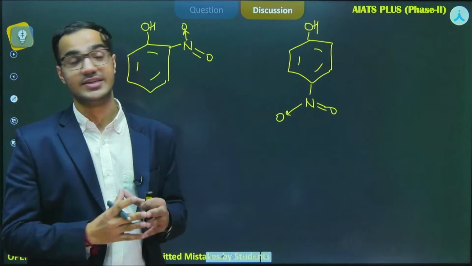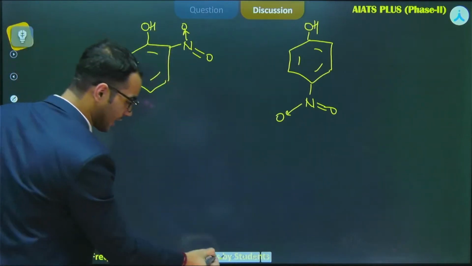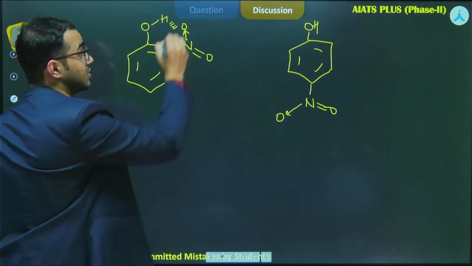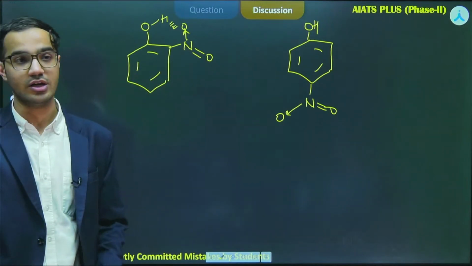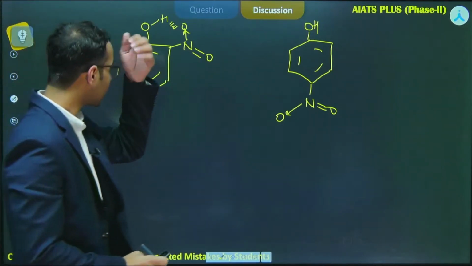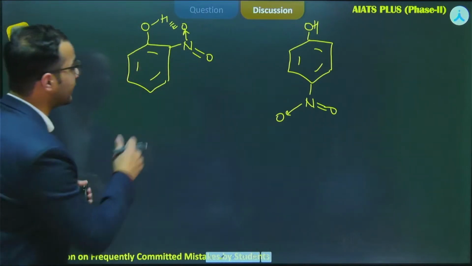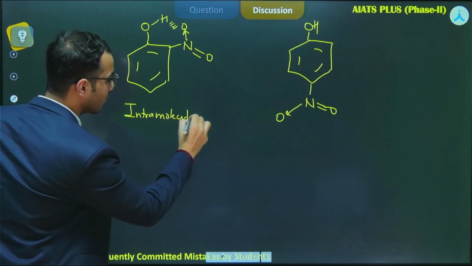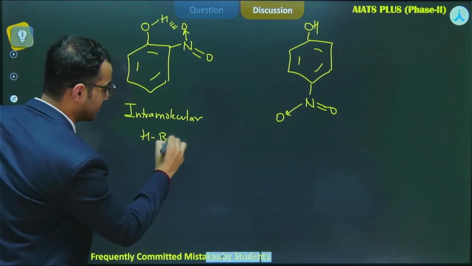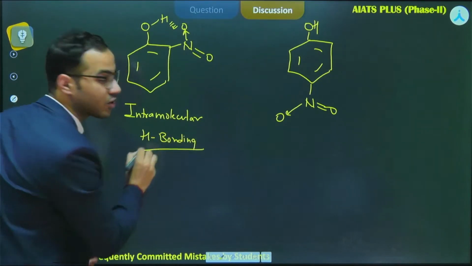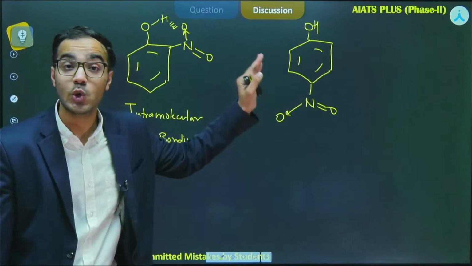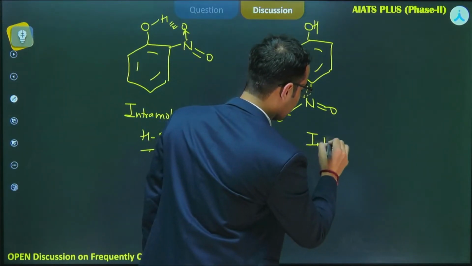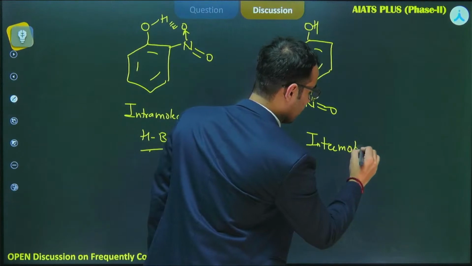What is the difference between them? There is a major difference: this OH, if I write it in this form, this H will interact with this, yielding hydrogen bonding. So what will you get? You will get intramolecular hydrogen bonding in this case. And in this case, you are getting intermolecular hydrogen bonding.